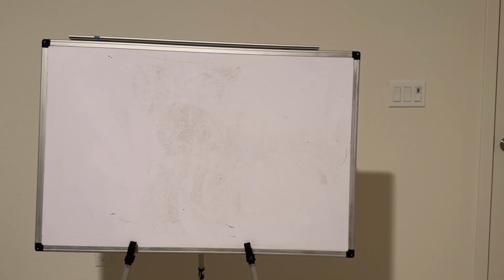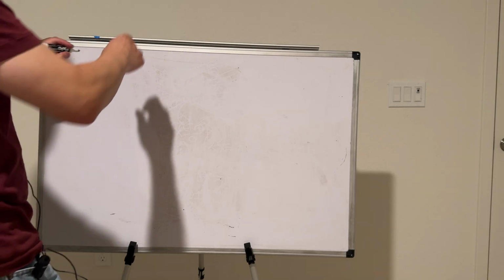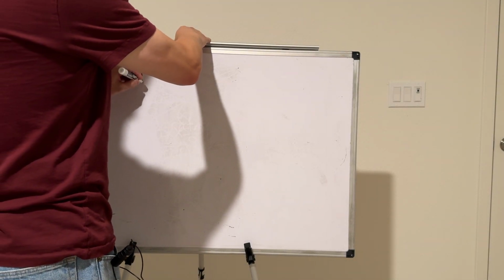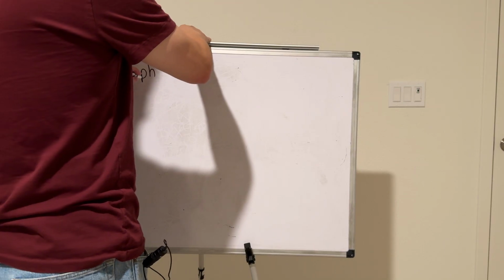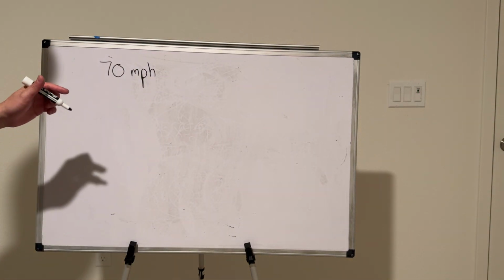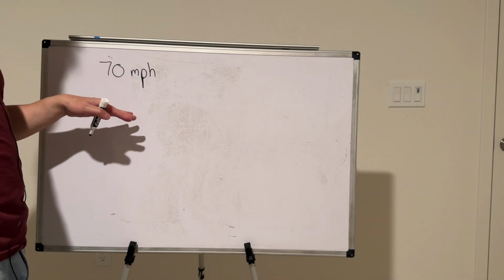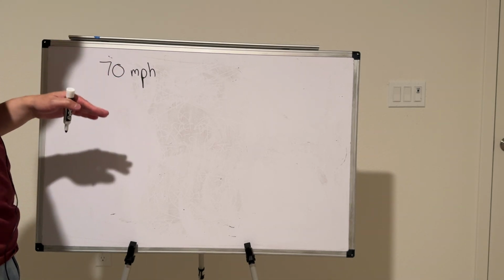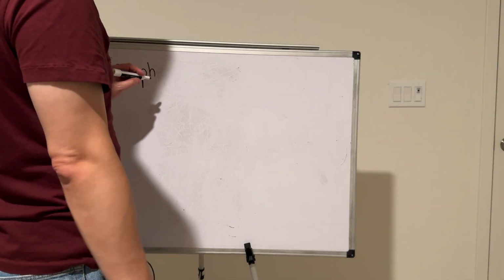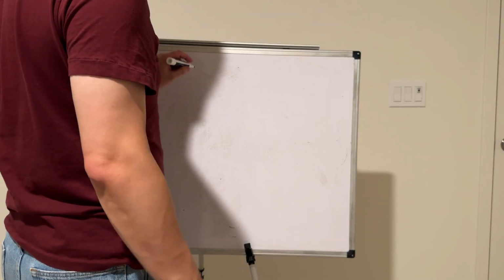Okay, in this example, I have a speed or a rate of 70 miles per hour. Okay, so this is a speed or a rate at how fast you're going. 70 miles per hour. And I want to know how far can you travel?